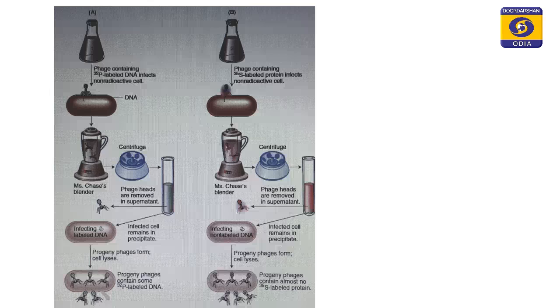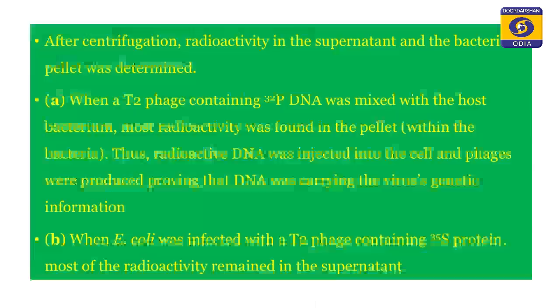So, in the second one radioactivity is found in the protein portion. In the first one radioactivity was found in the pellet portion, the bacterial cell portion. So, therefore, they concluded that it is the genetic material after centrifugation.